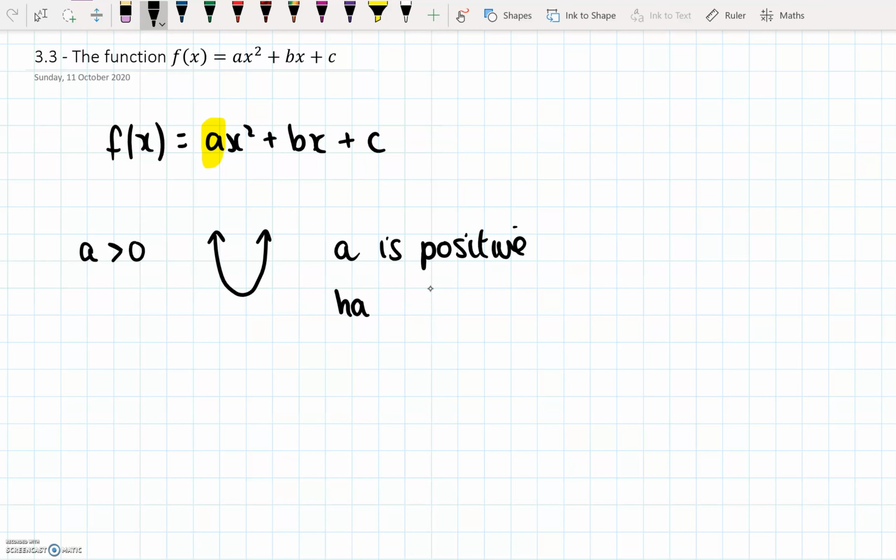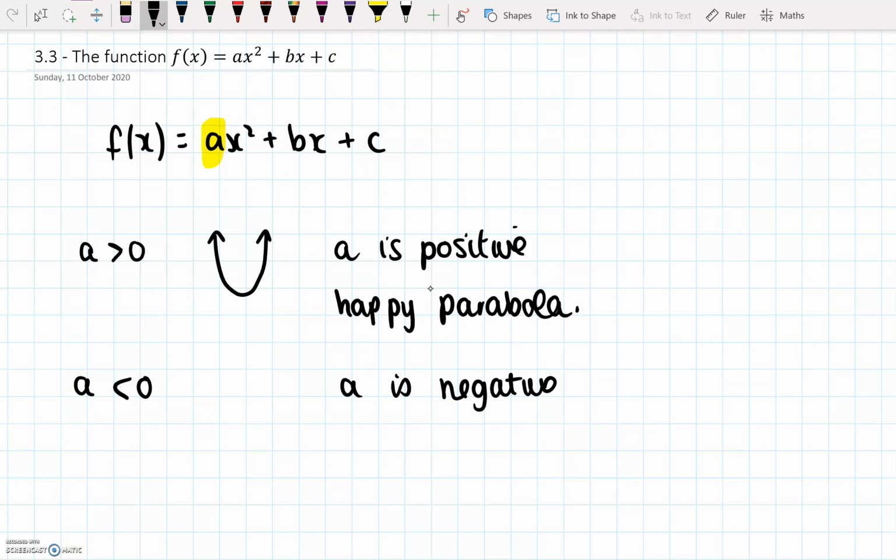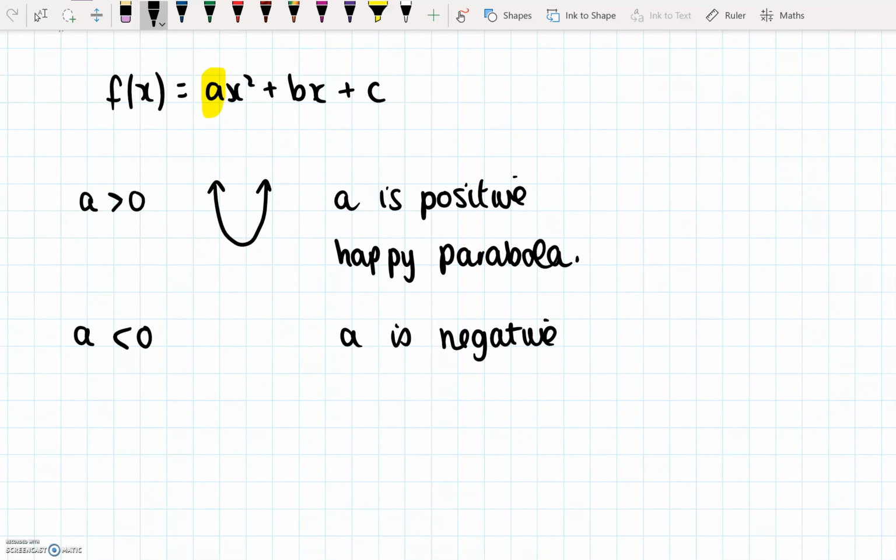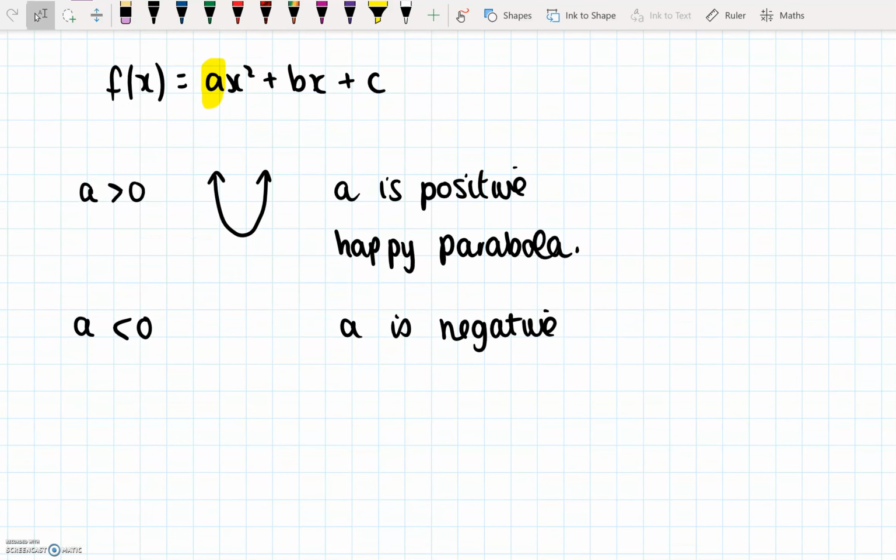So we have a happy parabola. Okay, if a is less than 0, then a is negative. And negative people are sad, so we'd say sad parabola.